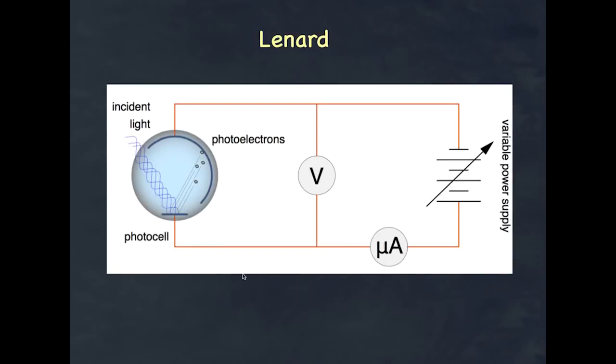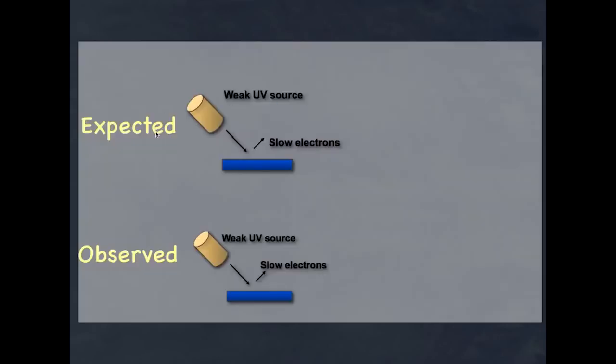The current is a measurement of how much charge is flowing at any one time, and the voltage allowed him to work out the actual energy of those charges. I won't go too much into the specifics of how he did that, but needless to say, it was an experiment to explore the relationship between the light shining onto this photocell and the actual current that results.